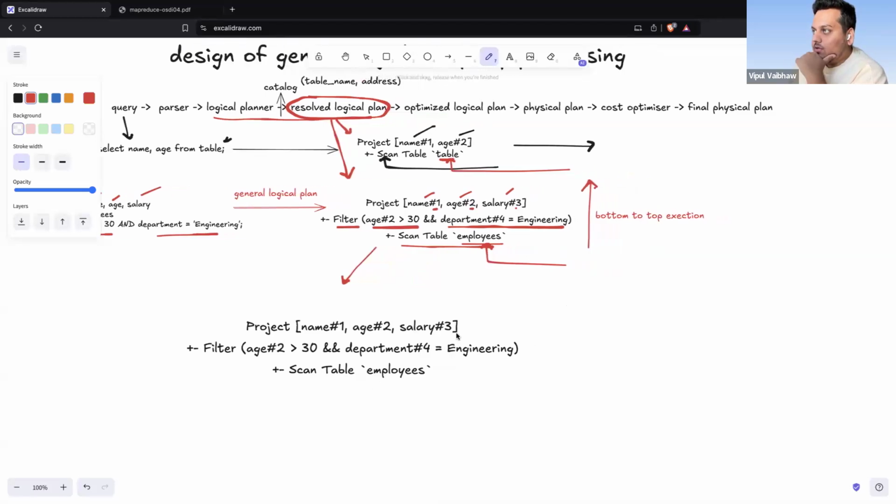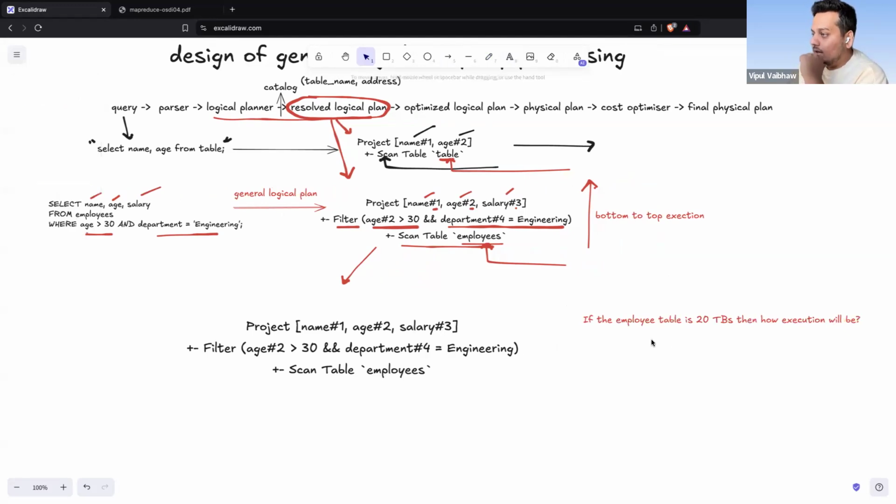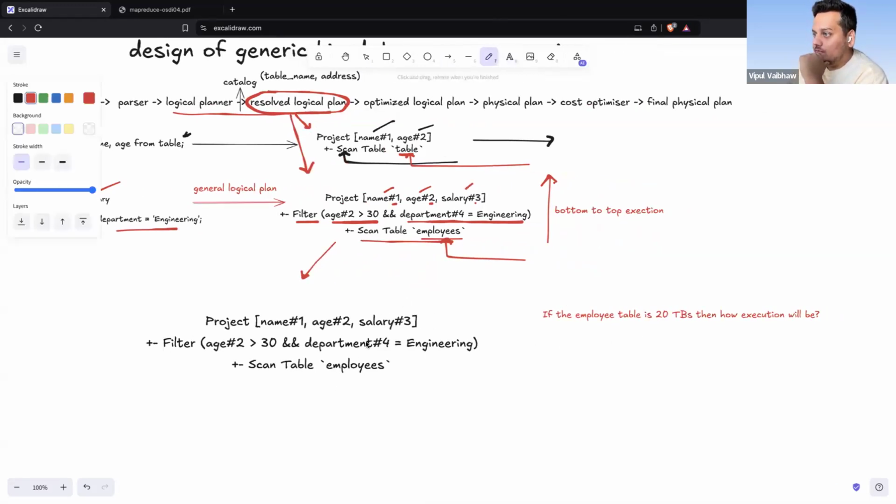Now the question is, if the employee table is, let's say, 20 terabytes, how will the execution be? If this table is huge, what will happen?